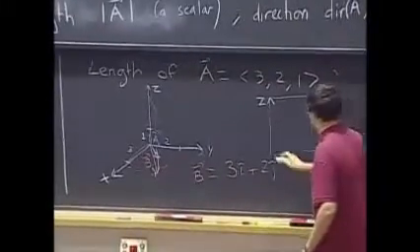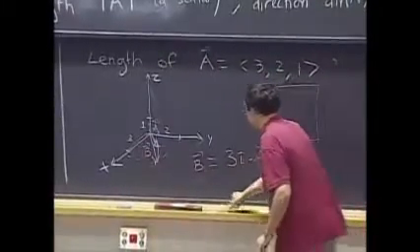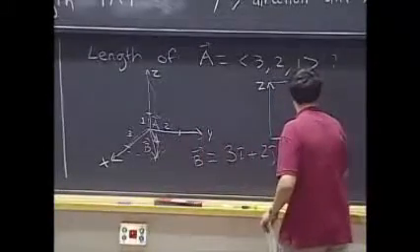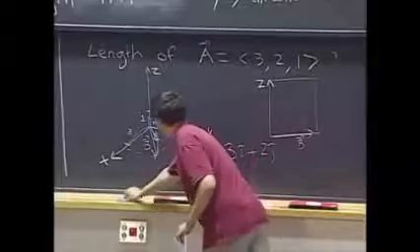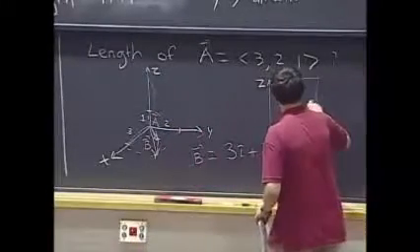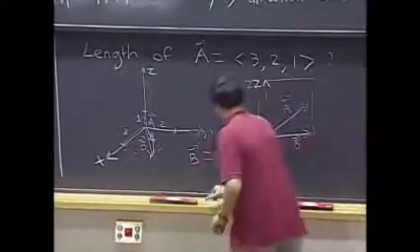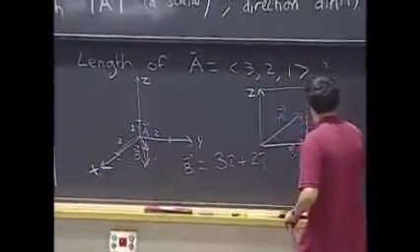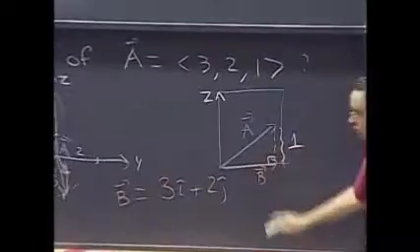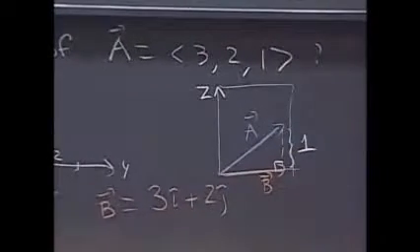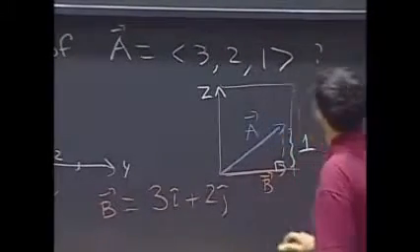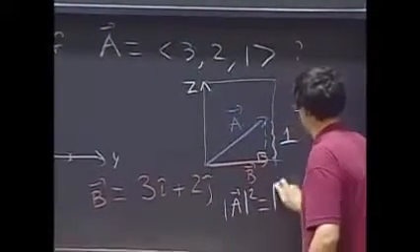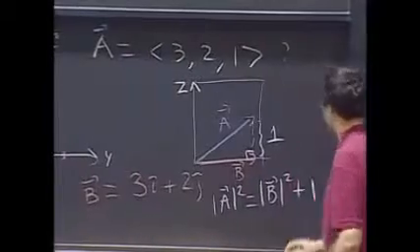My vector B will go here, and my vector A will go above it, and here that's 1 unit, and here I have a right angle. So I can use the Pythagorean theorem to find that length A squared equals length B squared plus 1.